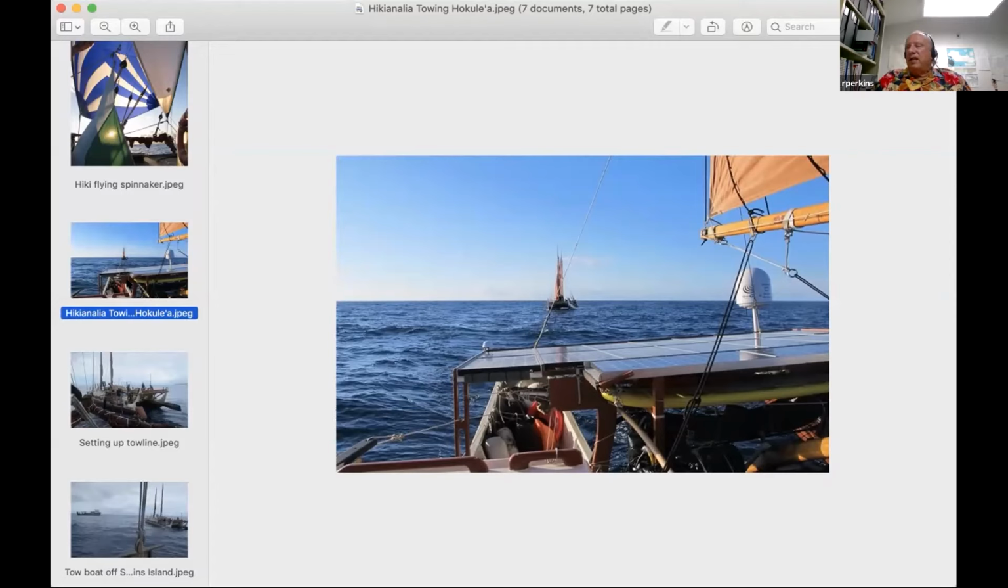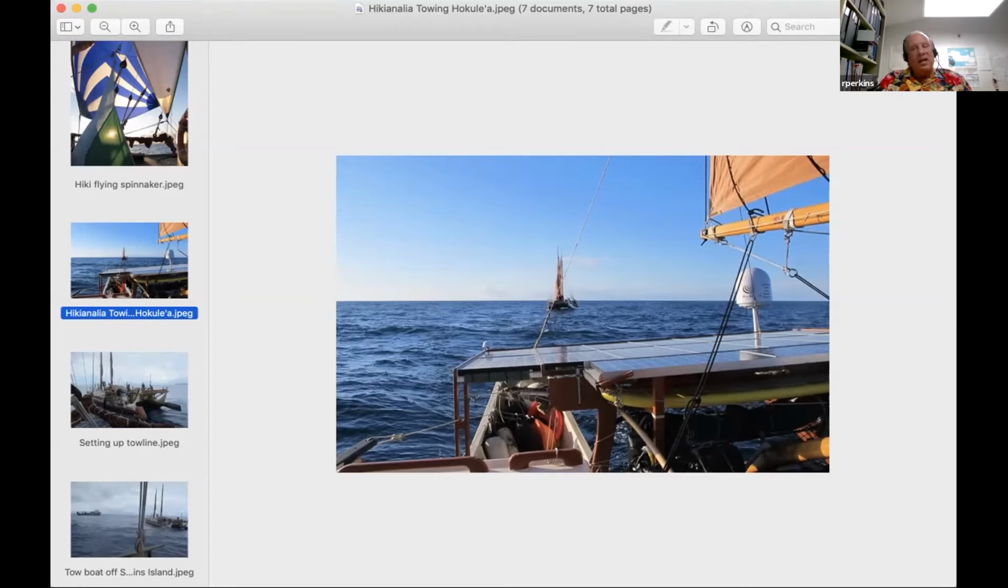What I have done is I will still have non-instrument navigators on board, and they will be isolated, for lack of a better word, from any information from Hokulea on what her course is, what they're doing, so that the apprentice navigators on Hikianalia can have the same opportunity as the people on Hokulea. What I ask the people on Hikianalia to do is write down a diary or something so that I can go over it to make sure you're not just following Hokulea. Does that make sense to everybody?